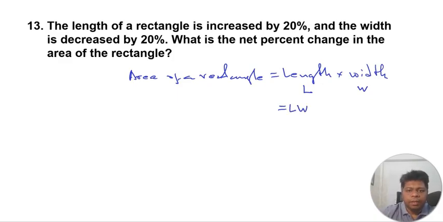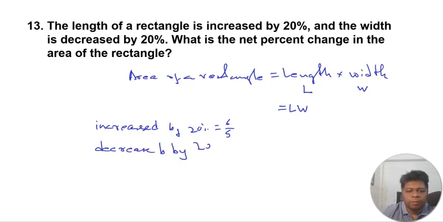Now remember the quickies, increased by 20% becomes 6 by 5, and then decreased by 20%, it would become 4 by 5.